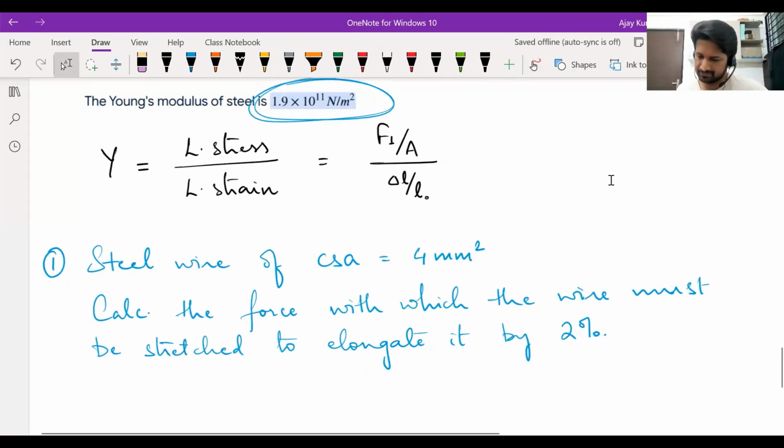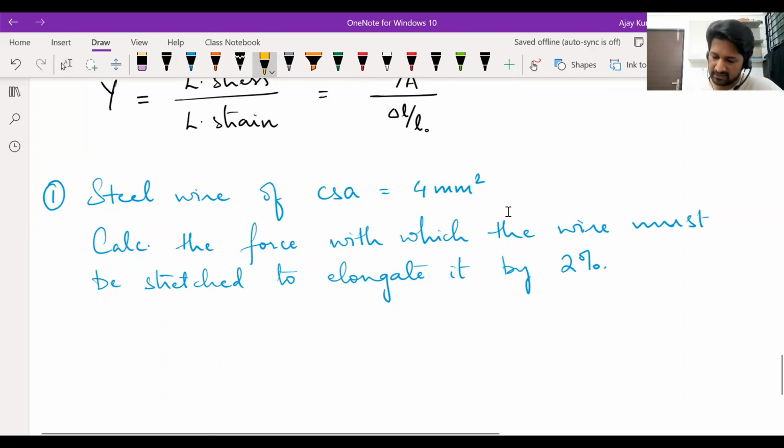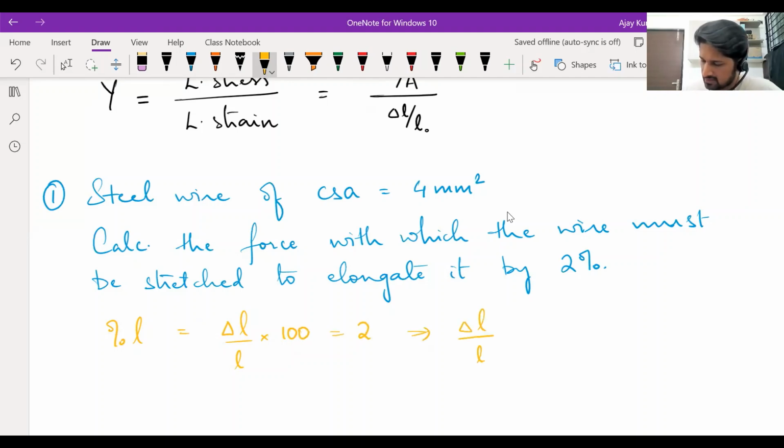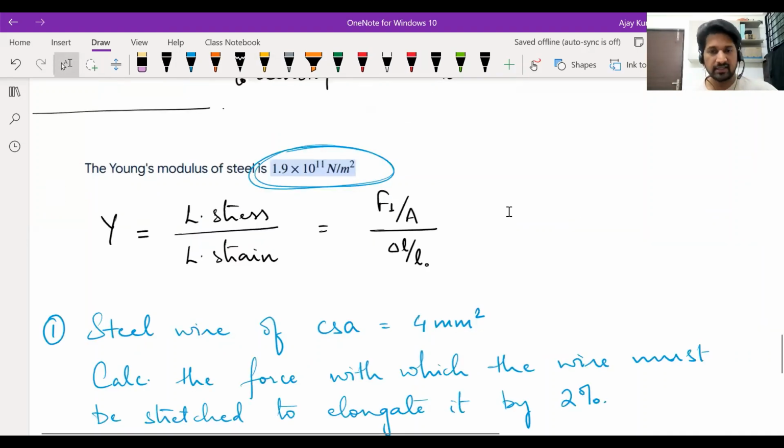You are asked the force with which the wire must be stretched to elongate it by 2%. So the percentage change in length is given to you. Percentage change in length is relative change in length multiplied with 100, that is given as 2. That means the relative change in length should be 2 by 100. All other terms required are given to you. Young's modulus is given. Area of cross section is given.